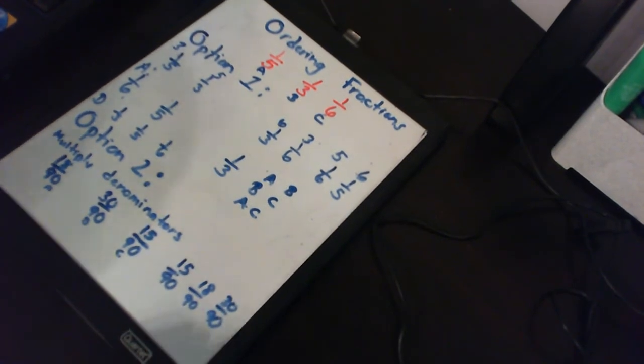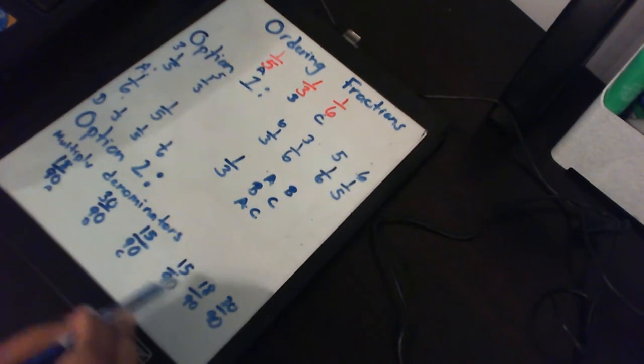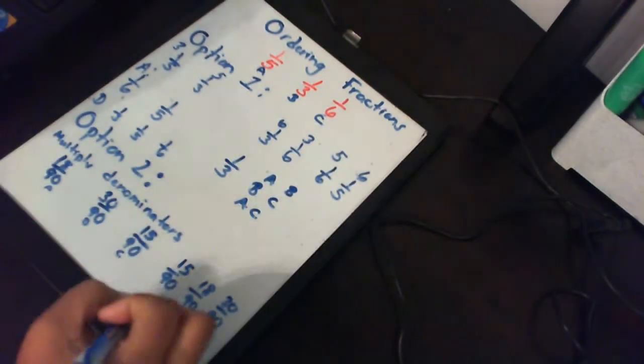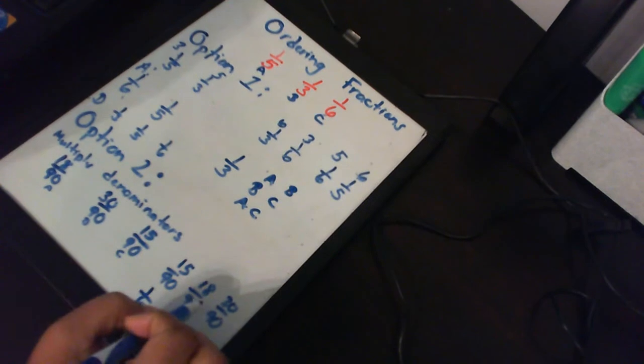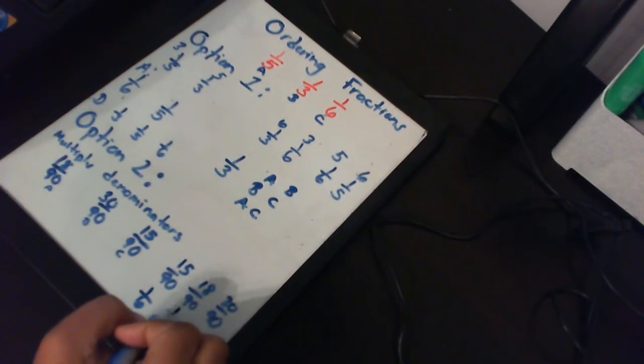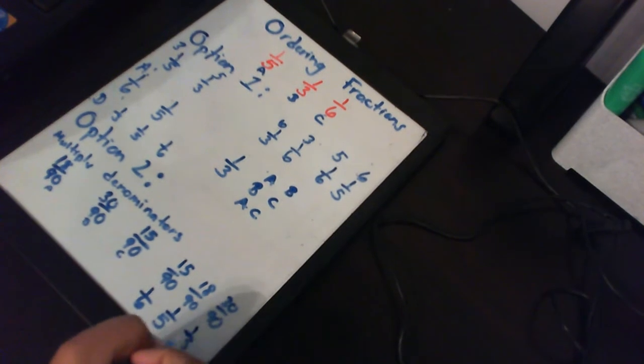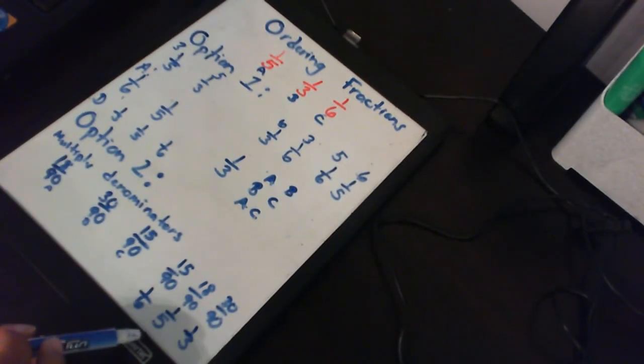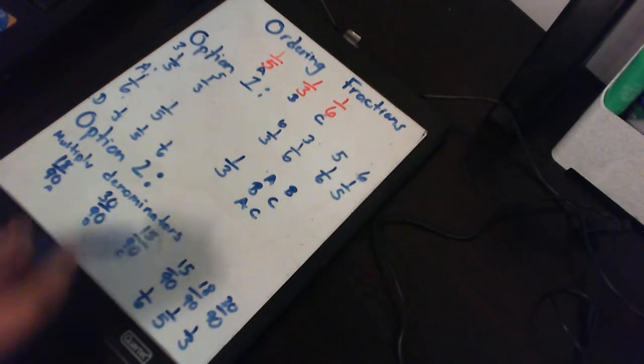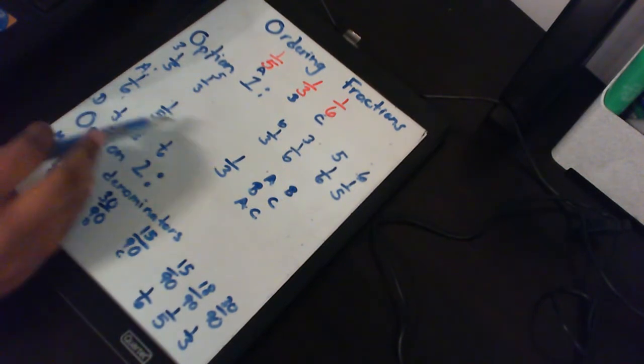And so, now that we know that that's in ascending order, then I just match the letters. Well, 15 over 90 is C, which is 1/6. 18 over 90 is 1/5. And 30 over 90 is 1/3. And that's the exact same answer that we had up here, 1/6, 1/5, 1/3.